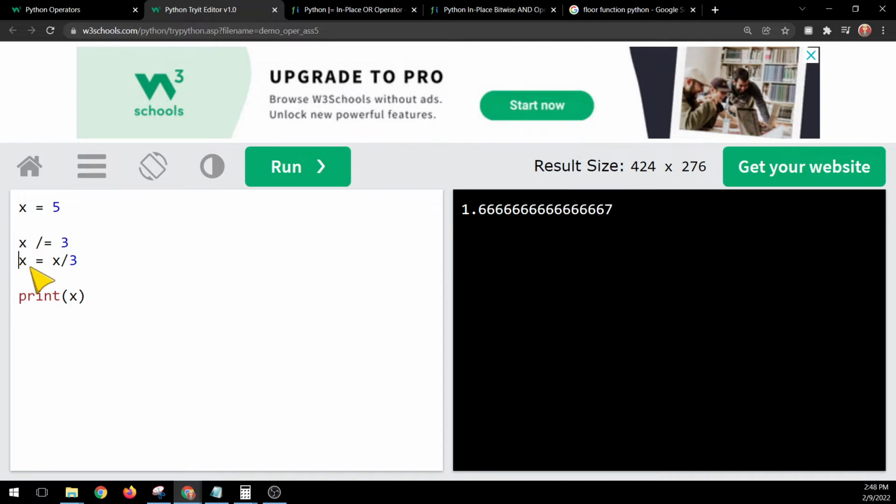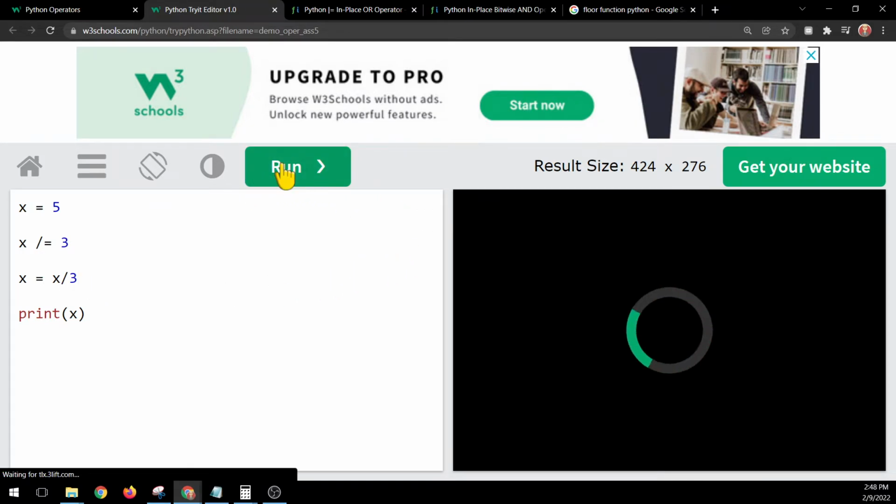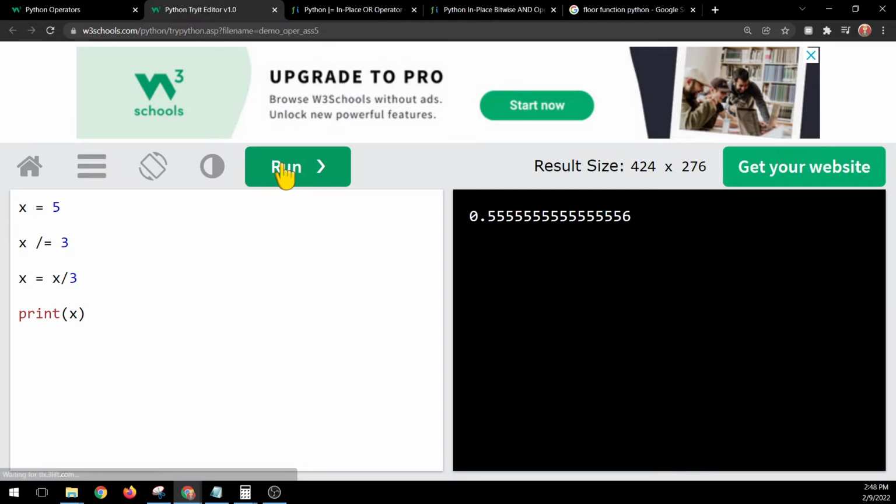If we performed this line again, we'd have 1.666 divided by 3, which gives 0.555. To get the hang of it, you can write this out underneath: x divide equals 3, just so you get the hang of the syntax.